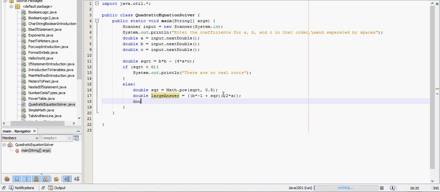And then the small answer will be almost the same thing. We can copy and paste most of it. The only difference, instead of a plus sign, we will have a minus sign.